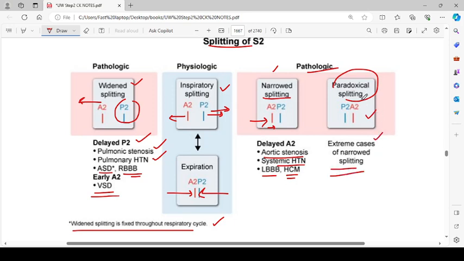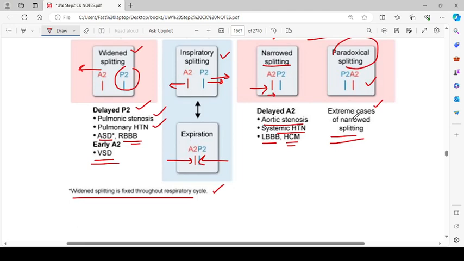And in paradoxical split, there is another paradoxical thing: normally the split is heard during inspiration, but this paradoxical split is heard during expiration. Because right now, suppose this is P2 and this is A2, right? Okay, let me draw them again. So here we have two sounds. This is P2 and this is A2.